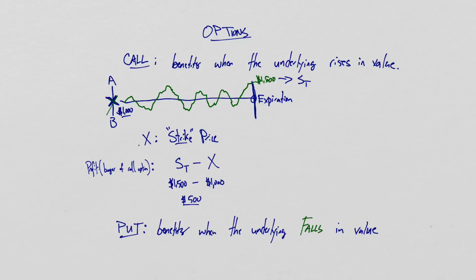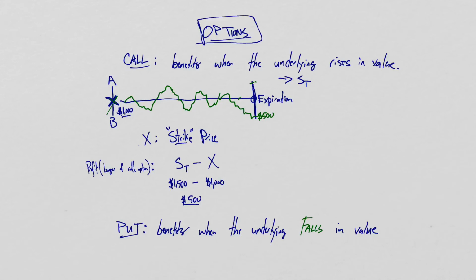But there's one key difference between the profit for an options contract and what you saw for a forward contract. Let's illustrate this by supposing that Apple didn't go up to 1,500, but in another universe, the price of the underlying, the price of Apple stock, actually fell down to 500.